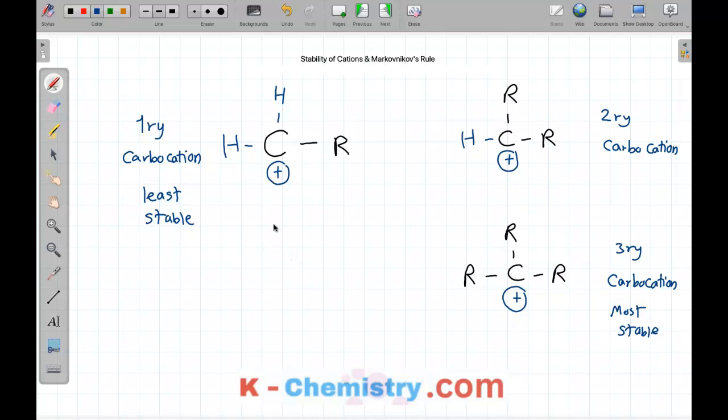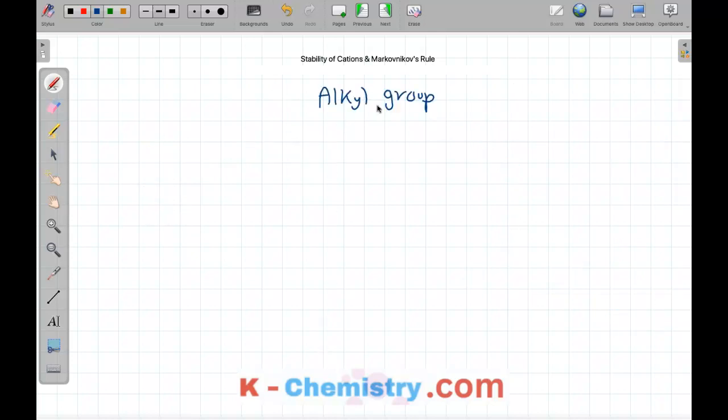But why do these alkyl groups matter in the stability? The positively charged carbon atom becomes more stable because these alkyl groups are electron donating groups. So the alkyl group is electron donating. What is missing from this carbocation? It's desperate to find an electron to replace the electron that it has lost. If it has one alkyl group, then this alkyl group donates electrons, so it stabilizes the carbon until the final product is formed.